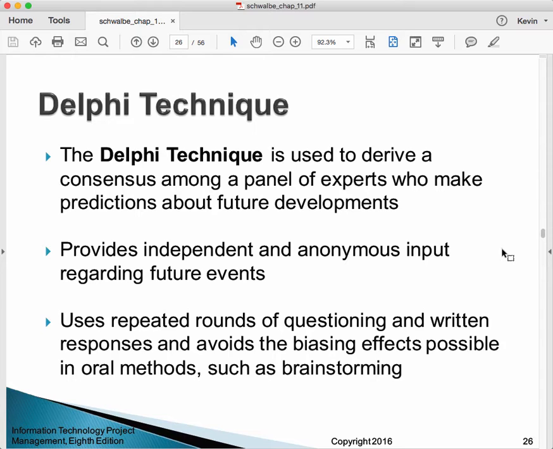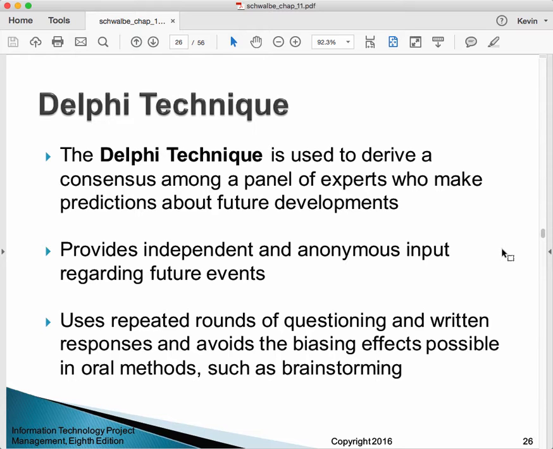So the contributors don't work in the same room. Sometimes they work through some kind of facilitated process using online tools or the mail, such that they're working asynchronously. So they can't see each other, and they also don't know who came up with which idea.